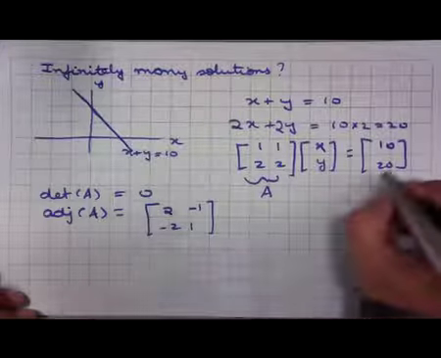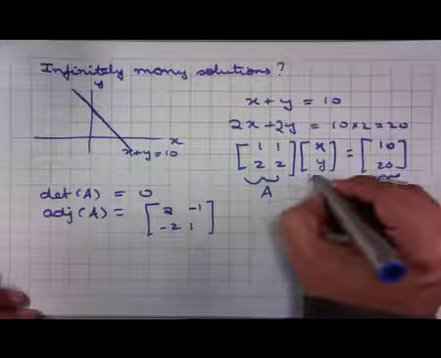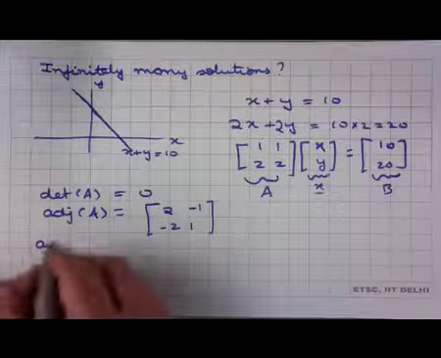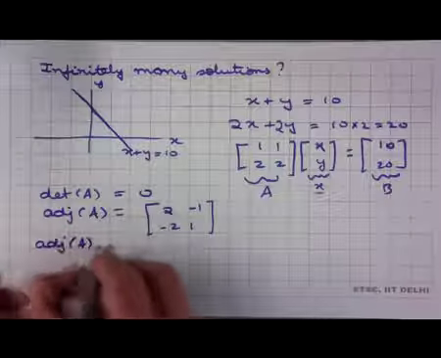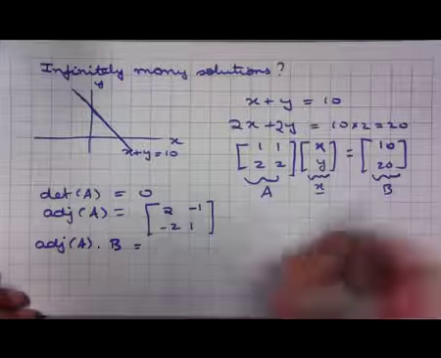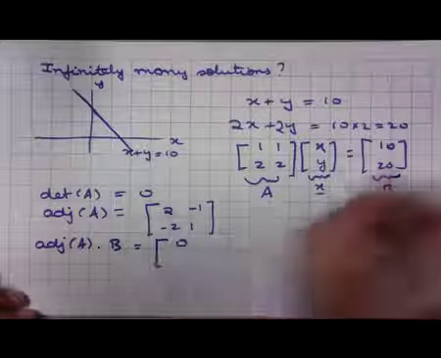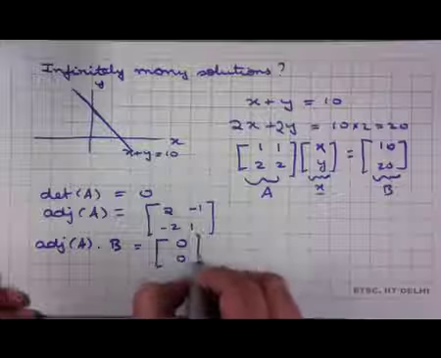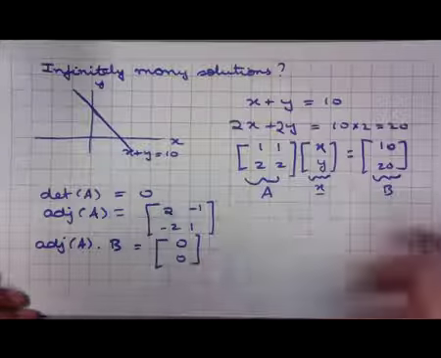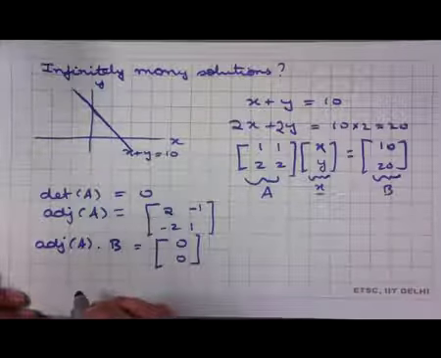What is adjoint of A times B? Adjoint of A into B is going to be 0 and 0. So, this is the case where both the left hand side and the right hand side are going to be 0.